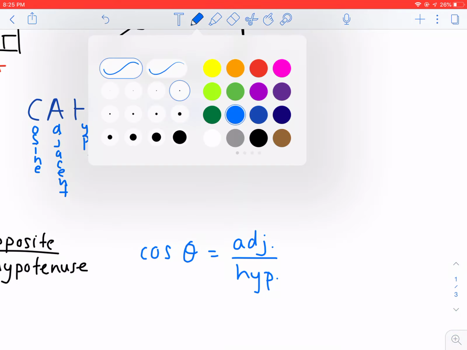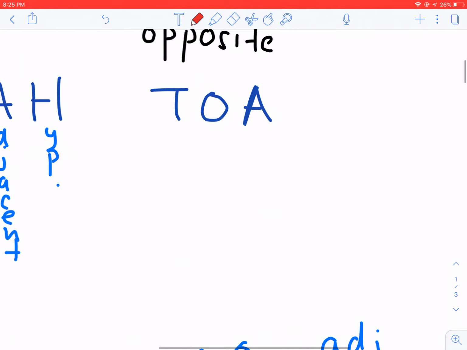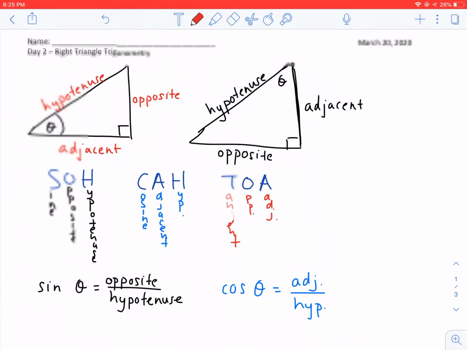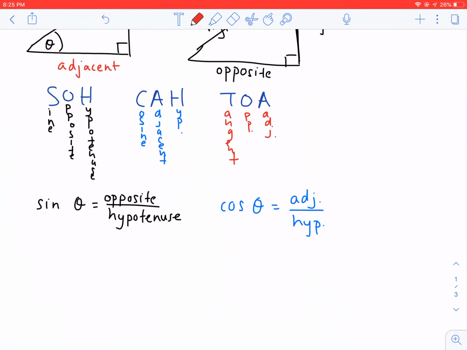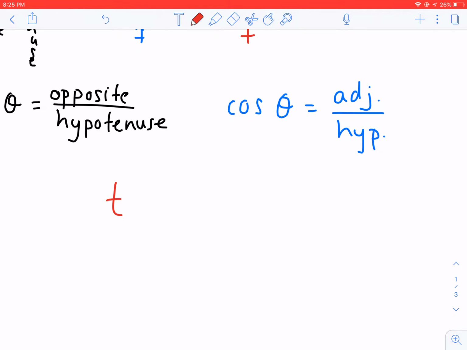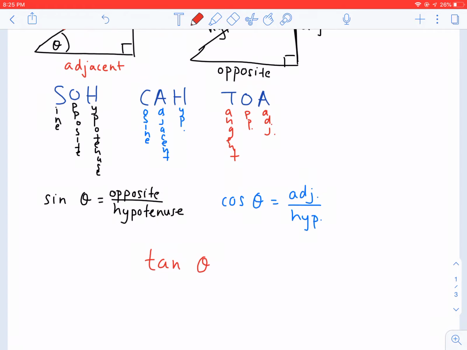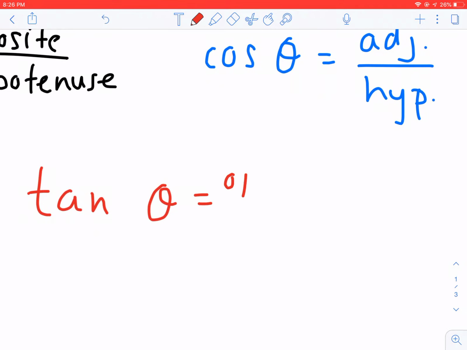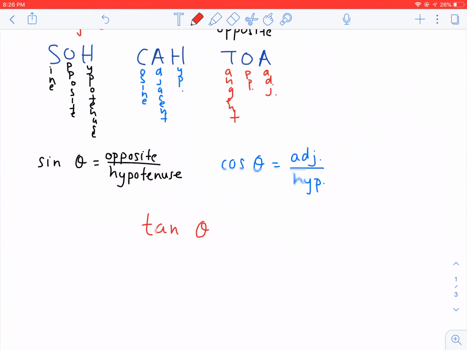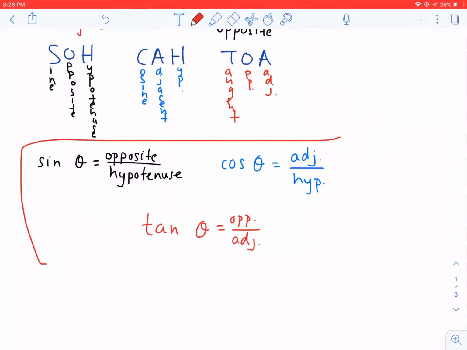And lastly, TOA, that is going to be tangent, and that is opposite over adjacent. The abbreviation for tangent is tan, and that is opposite over adjacent. All right, shout out to tan for tangent.